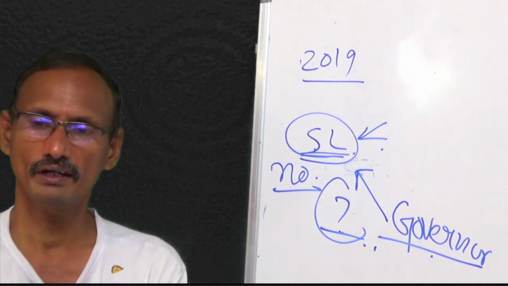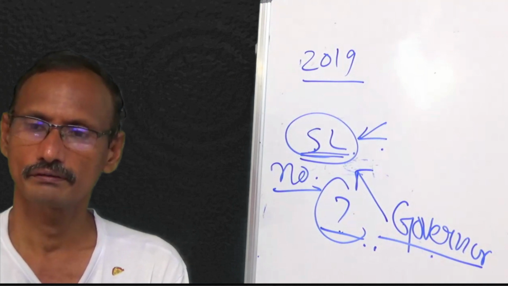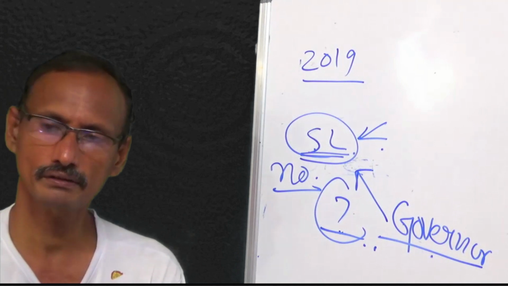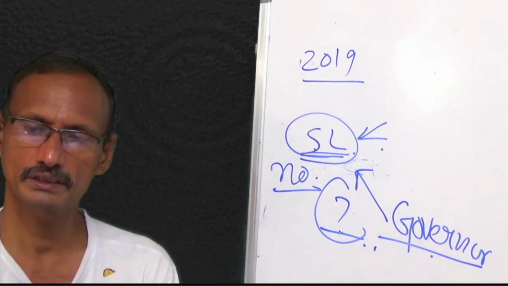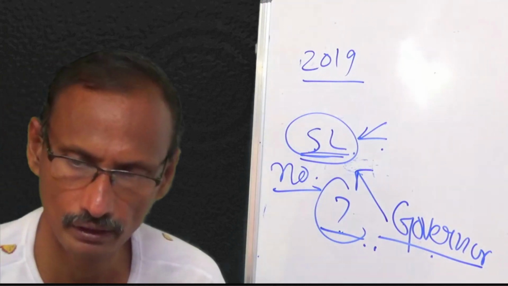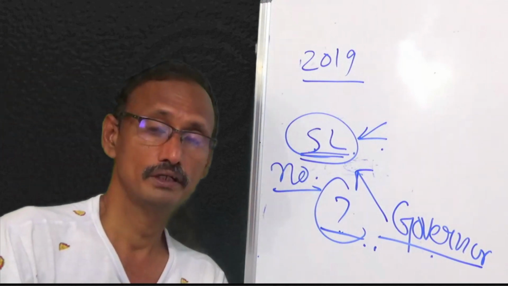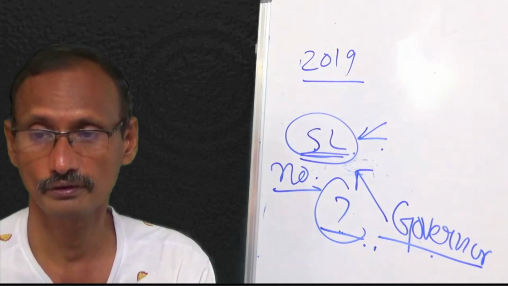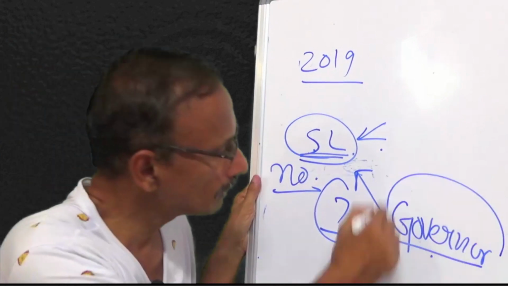In a federal arrangement, the state legislature is of the state and the governor is appointed by the center. So the Jammu and Kashmir governor is appointed by the center and the state legislature is elected by the people. How can the state legislature and governor be equal? How can the recommendation of the governor be taken as a recommendation of the state legislature? And what did this governor recommend?